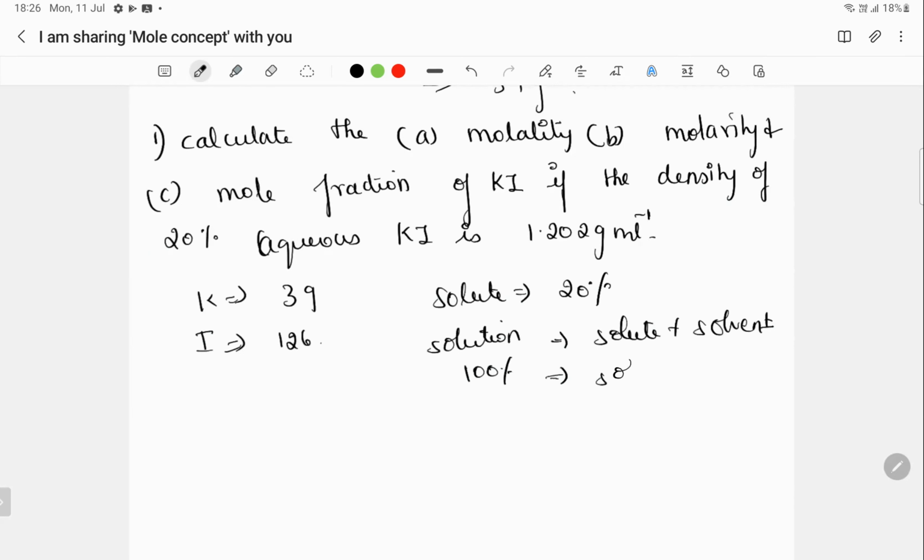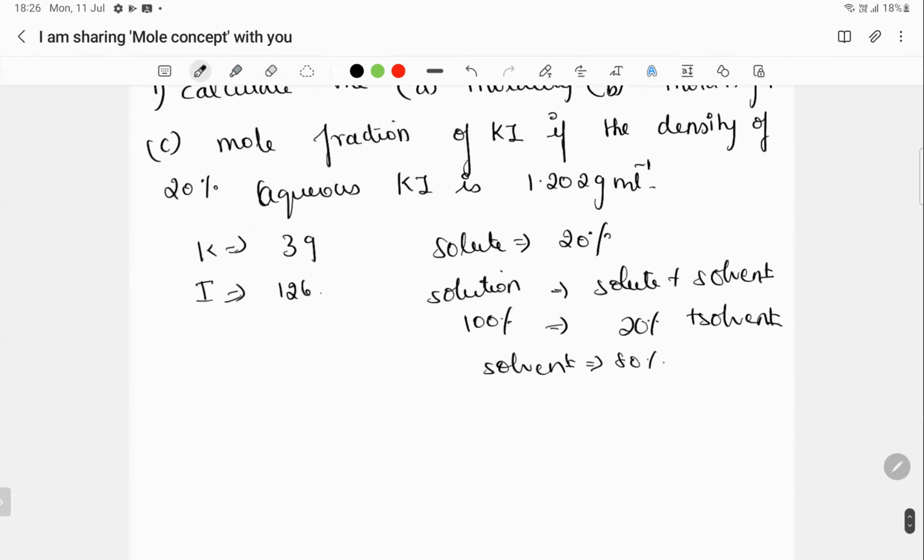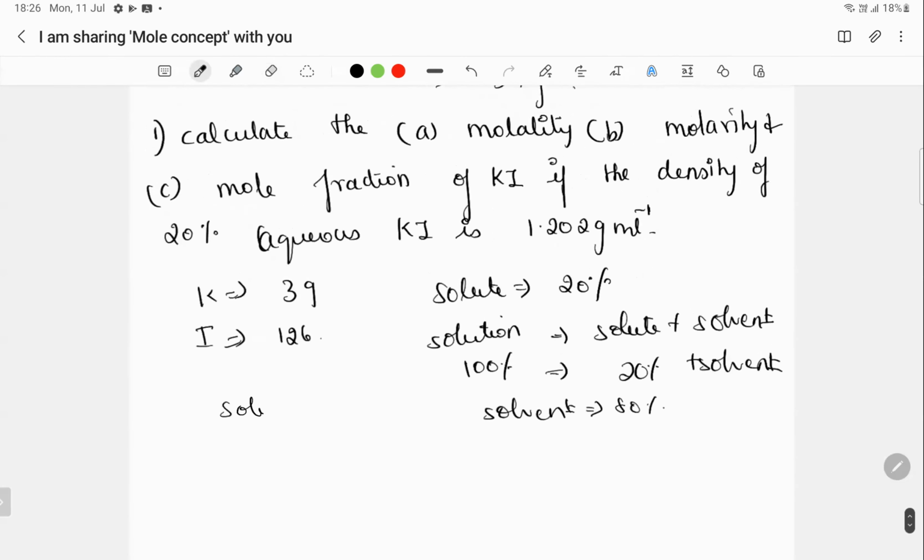So solute is 20% plus solvent 80%. So you can take solute 20 grams, solvent 80 grams. Now calculate the molarity, everything. First one, do it.